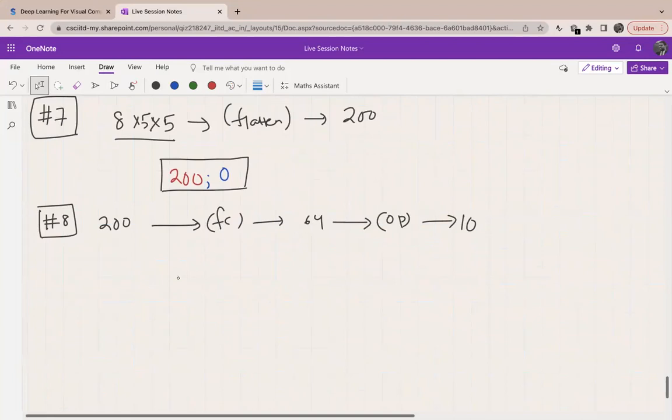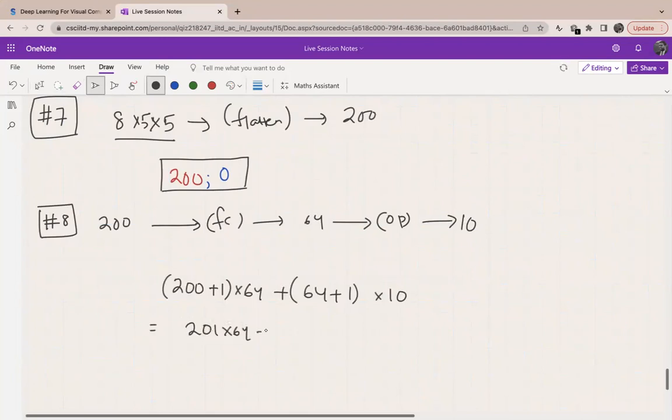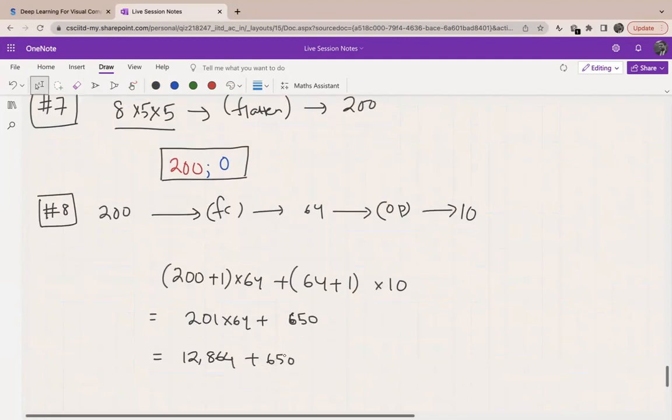It would be (200 plus 1) into 64, plus (64 plus 1) into 10, which is 12,864 plus 650.